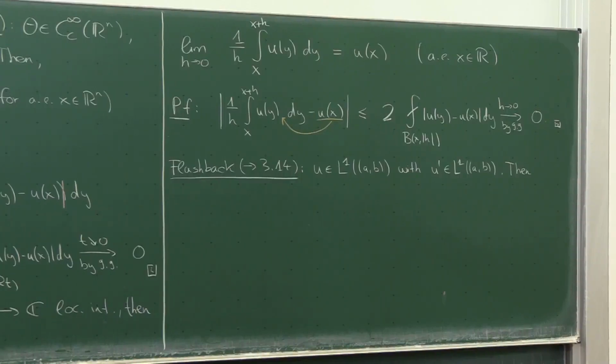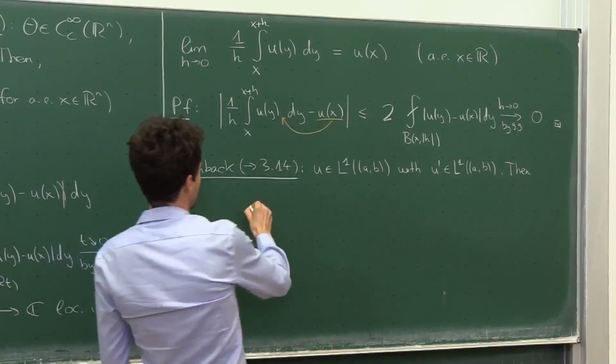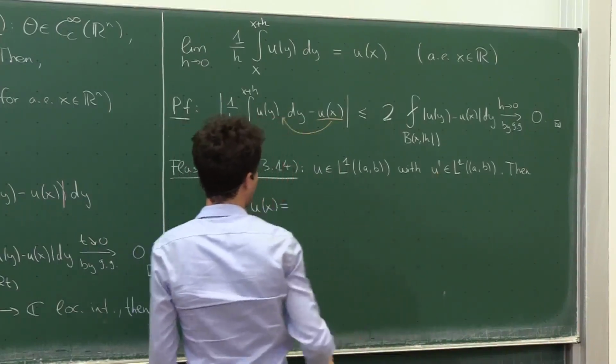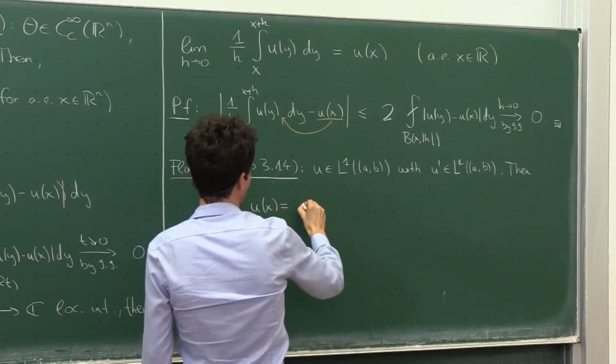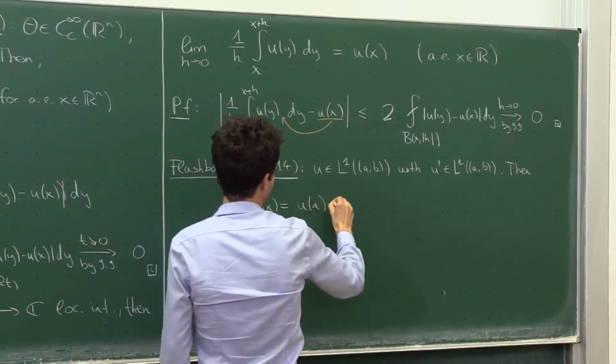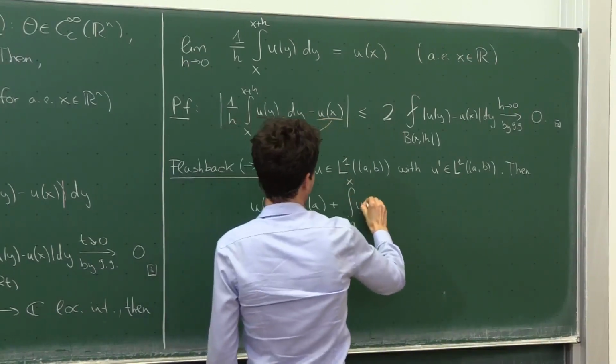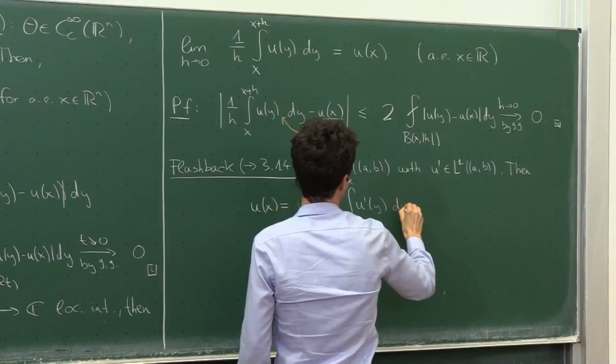Okay, and this representative is given by the antiderivative of the weak derivative. So it's u of a plus the integral from a to x of u prime of y dy.